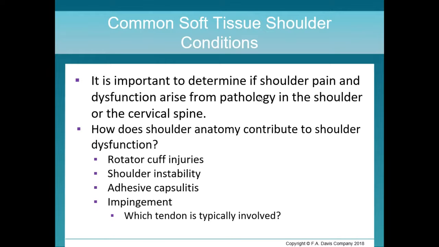So you've got some common soft tissue shoulder conditions that you're going to see. Now, shoulder pain is considered the third most common musculoskeletal condition after back and neck pain. Your rotator cuff muscles, your SITS muscle group, act as a coordinated group. They stabilize the humeral head during shoulder movement.